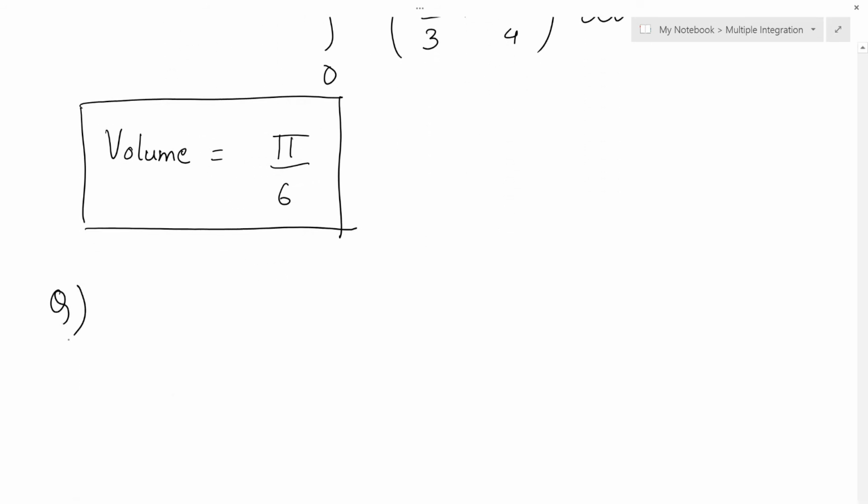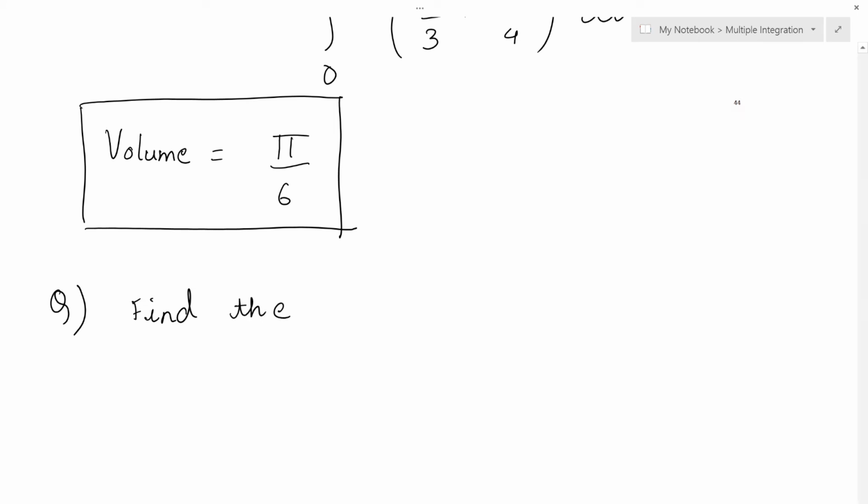Let us continue. We'll take two more sums so that you get a proper idea of what we are doing. So we'll take the sum where now the region is bounded by the cylinders, and two cylinders are given.